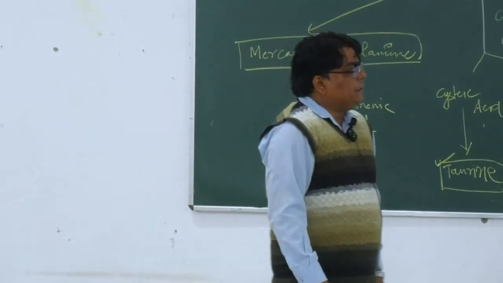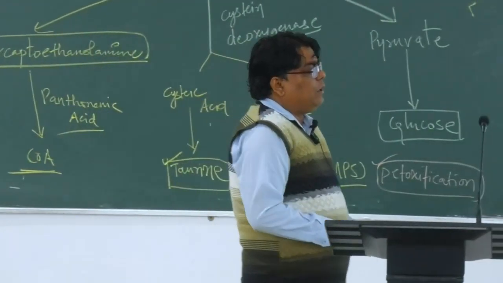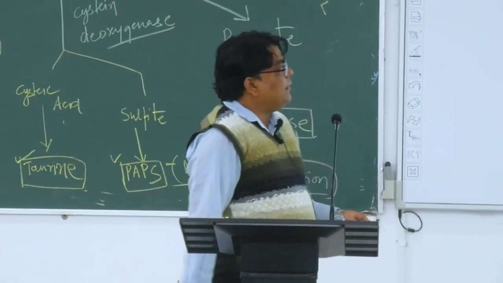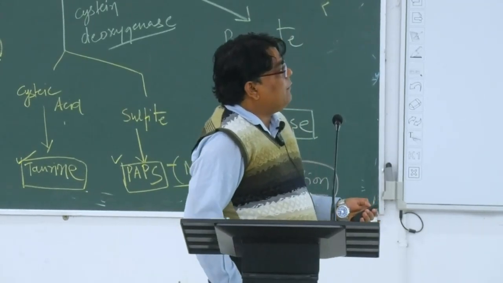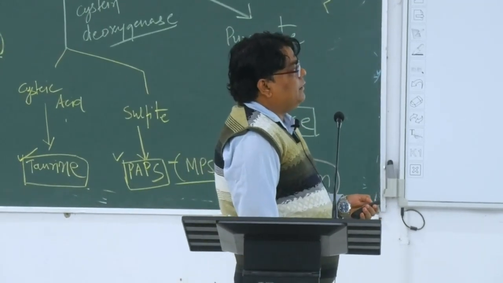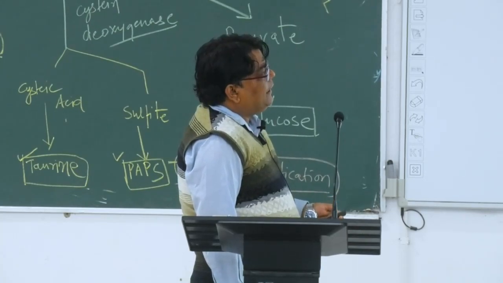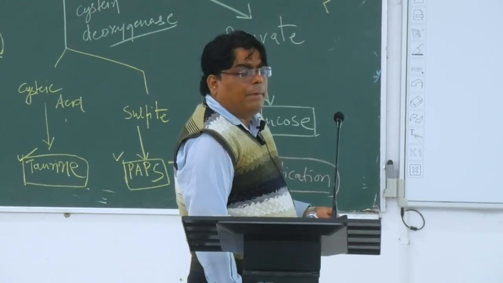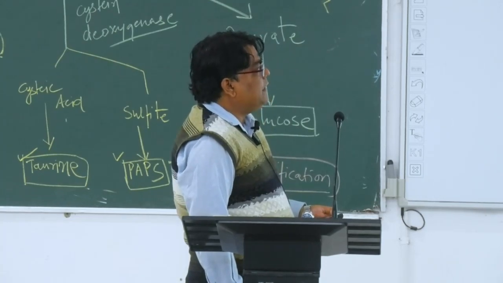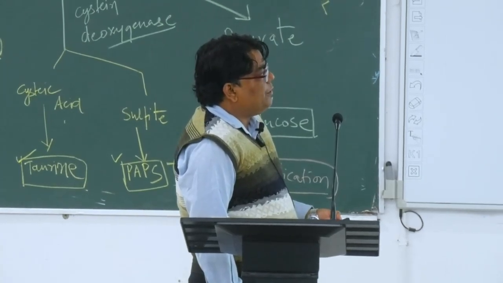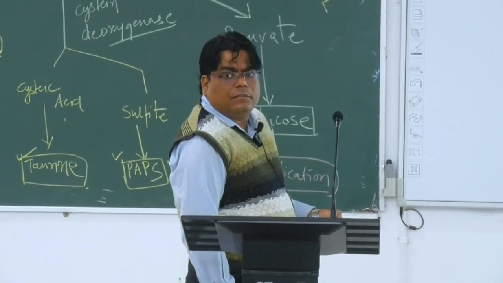Now we understand the metabolic blocks of homocystinuria with N5,10-methylene tetrahydrofolate, with the help of the enzyme methylene tetrahydrofolate reductase. This is the main enzyme. If the enzyme is deficient, this causes homocystinuria second.